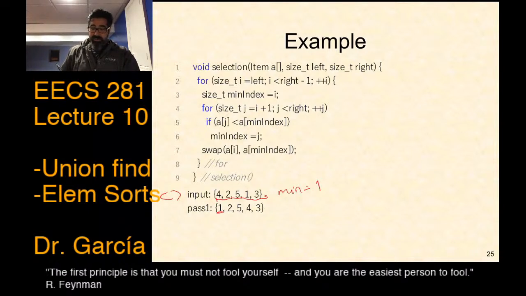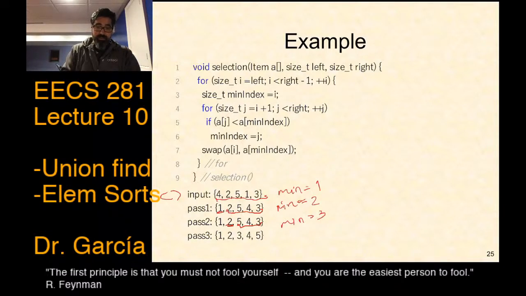Then pass 2 is going to say, all right, now I'm going to find the min from here to here. And that min is 2. So that's where I'm going to place it next. And then the next pass will look at this part of the array, determine that the min is 3. And so it will be placed here. Rinse and repeat until it's done.